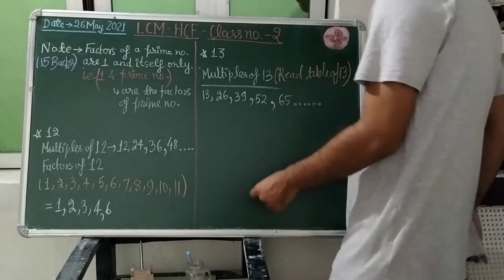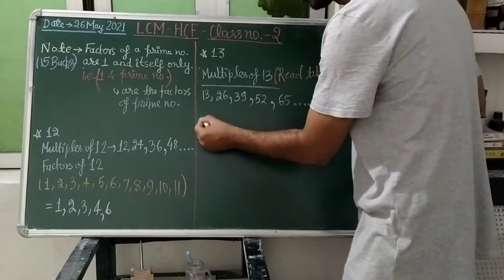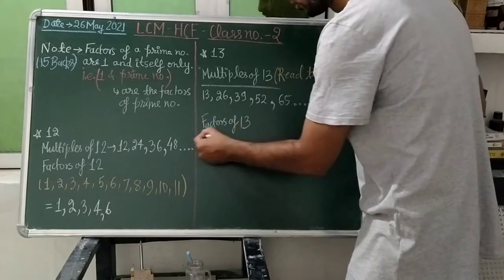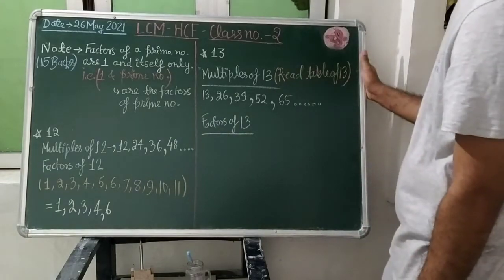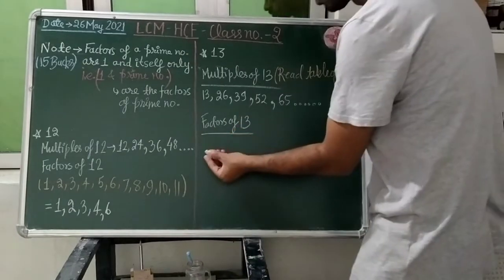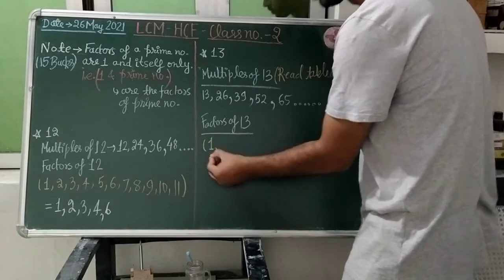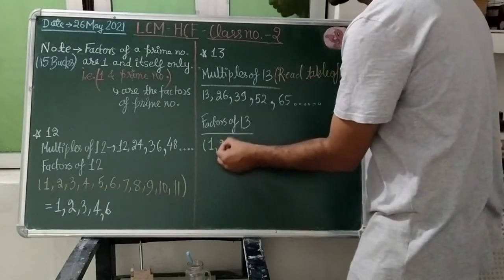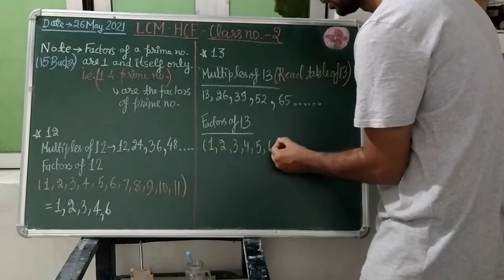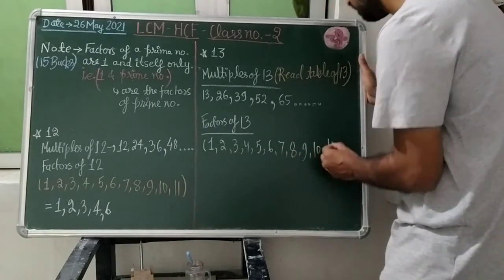Okay, students? And suppose we are talking about the factors of 13. How can we write it, students? To know the factors, what shall we do? We shall move from 1 to 11: 1, 2, 3, 4, 5, 6, 7, 8, 9, 10 and 11.